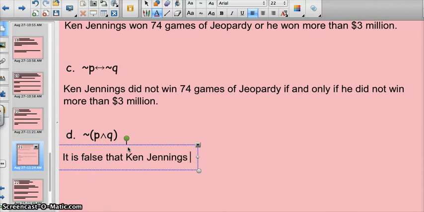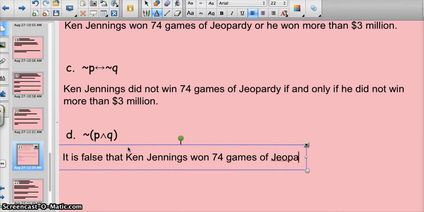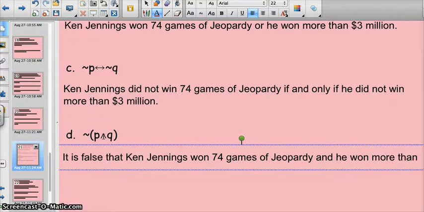Getting tired of writing his name yet? Next, we put in our symbol, which was the and symbol. And now we do the Q. He won more than $3 million.